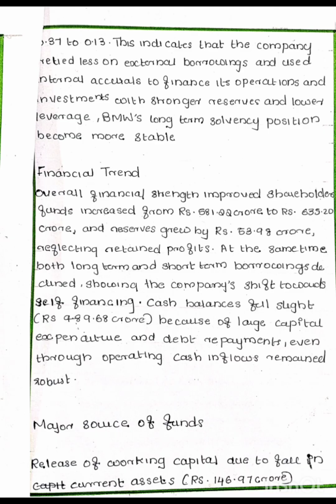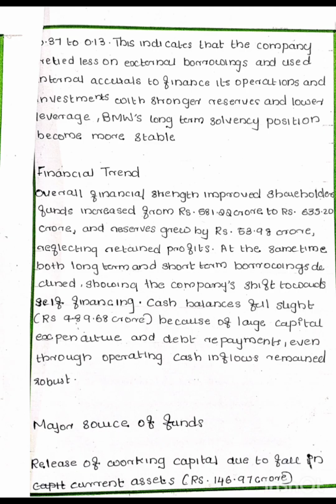This indicates the company relied less on external borrowings and used internal accruals to finance its operations and investments, with stronger reserves and lower leverage. So the company's long-term solvency position became more stable.